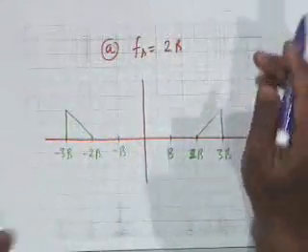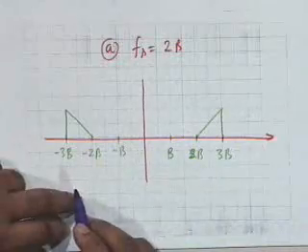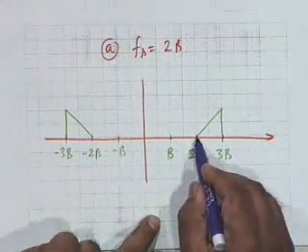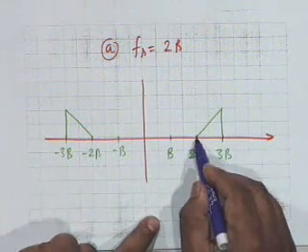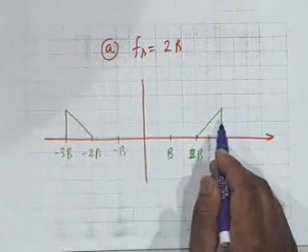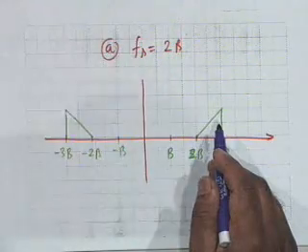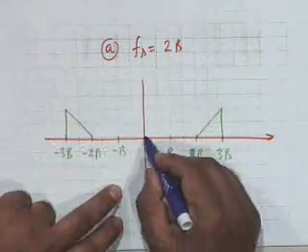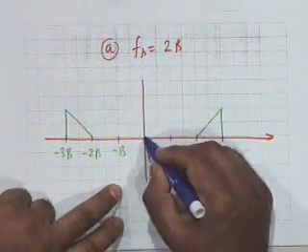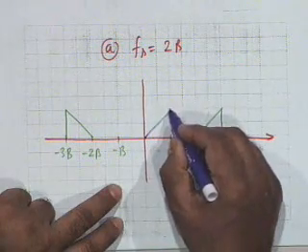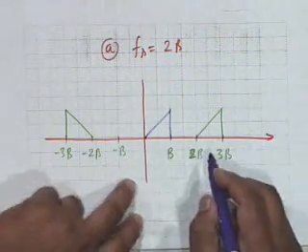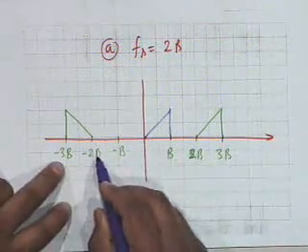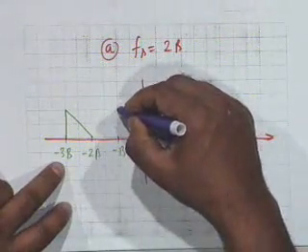It's a periodic repetition, and the sampling frequency is 2b, and therefore this spectrum shall be repeated starting from 2b minus 2b and 2b plus 2b. 2b minus 2b is 0, and therefore it starts here and goes like this. And then this one also repeats like this.